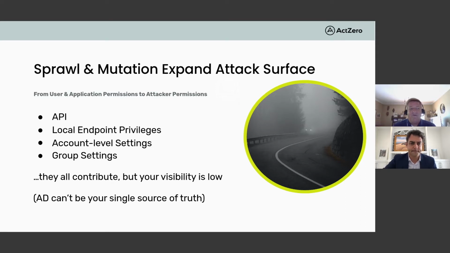And we also need to worry about APIs that we're plugging into things, local endpoint privileges, because obviously we deploy things in a very different way than we used to, and provision users. We have to also worry about governance with account level settings, and obviously group policy.